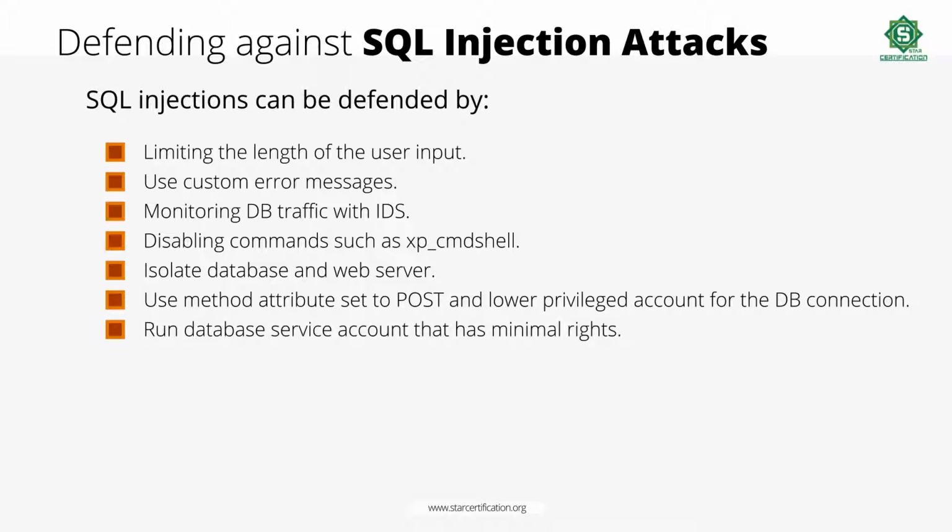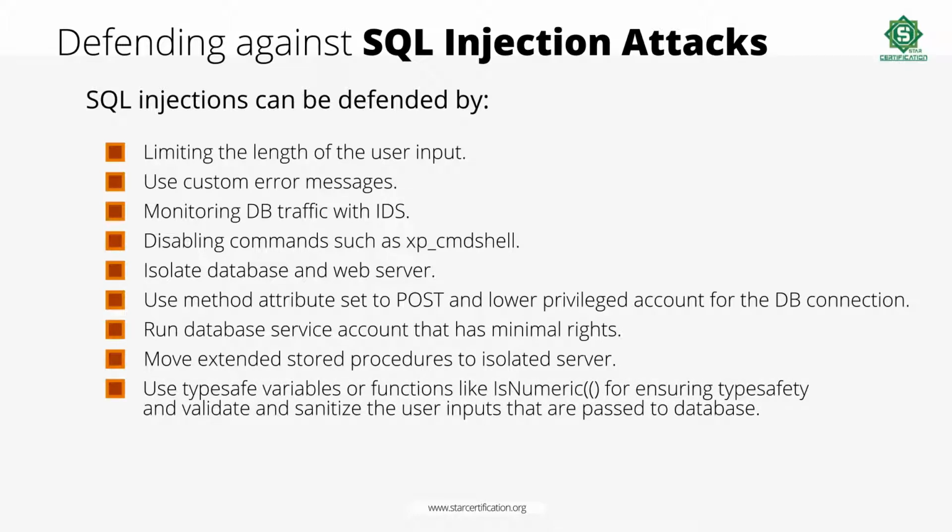Run the database service account that has minimal rights, move extended stored procedures to an isolated server, use type-safe variables or functions like isNumeric for ensuring type safety, and validate and sanitize the user inputs that are passed to the database.